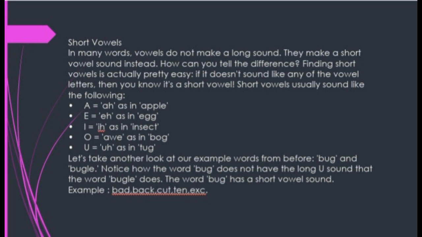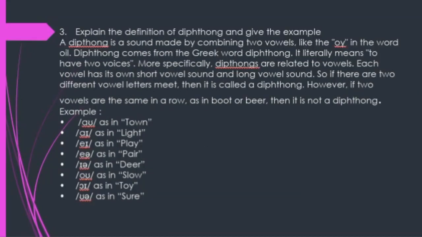Let's take another look at our example words from before: bag, bug, and bugle. Notice how the word bug does not have the long U sound that the word bugle does. The word bug has a short vowel sound. Examples: bat, bag, cat, ten, etc.